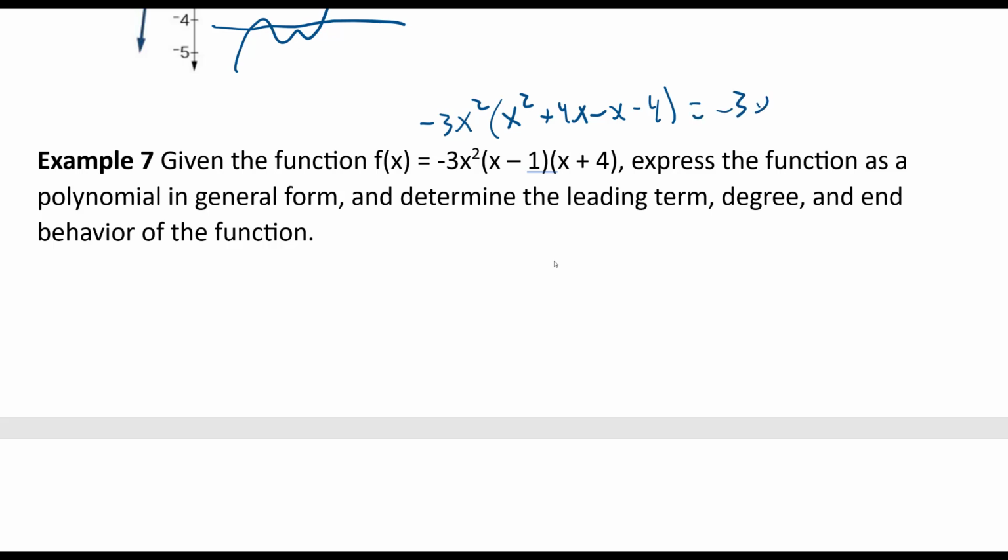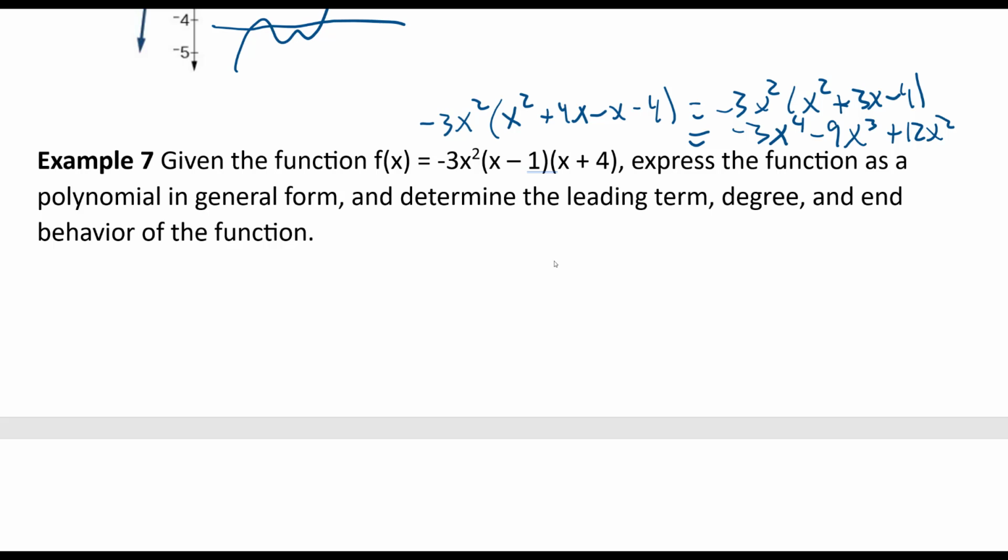So negative 3x squared times x squared plus 3x minus 4. And I'll distribute this negative 3x squared through. So it's negative 3x to the 4th minus 9x cubed plus 12x squared.